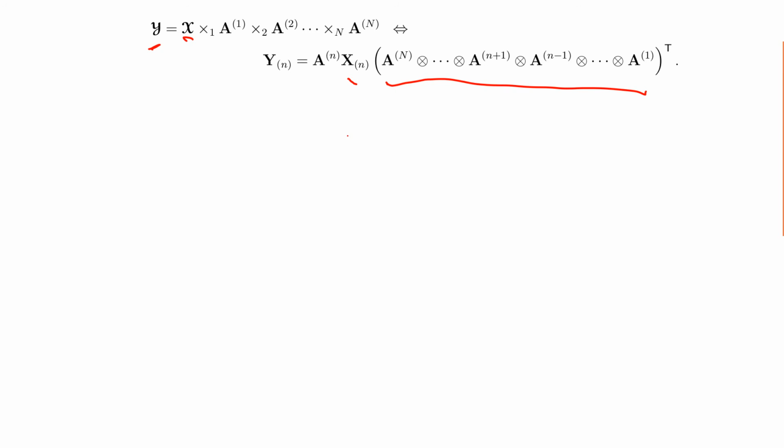What I mean is I have an X here. Let's say I multiply by A1. I should start with X here. X is the original tensor, it's actually just a matrix, multiplied by A1 in the first dimension, and in the second dimension multiplied by A2 here.